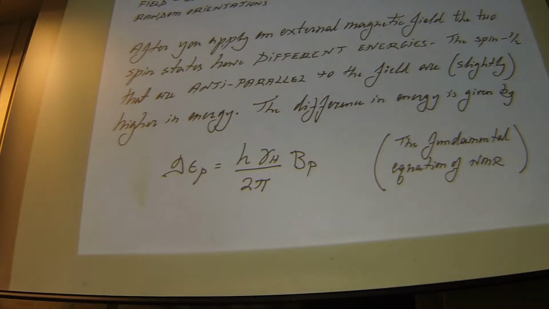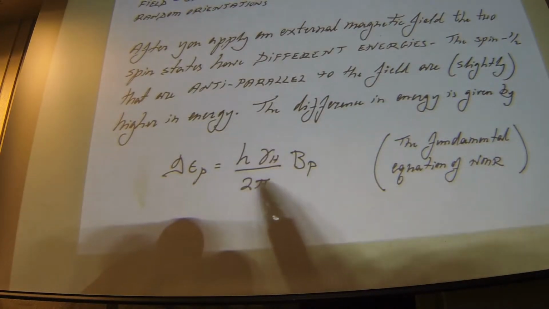So for protons, there's going to be a gamma sub h. For carbons, a gamma sub c. For fluorine, a gamma sub f, and so on. These numbers are going to be different, but they are constant for each nucleus.